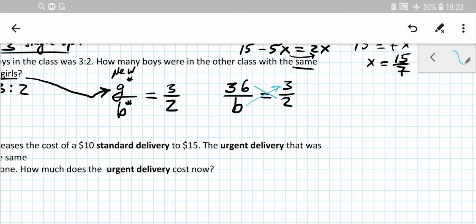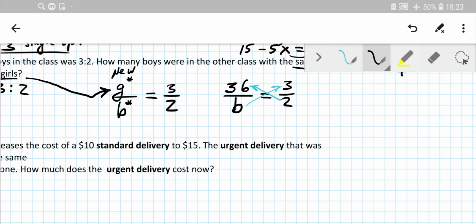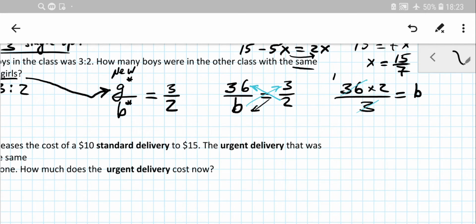So find B: simply crisscross and swap 3 with B. So 3 goes down. If you do that, you'll get 36 times 2 over 3, because you swap with B, and B will be on top instead of 3. What we can do next: 36 and 3 will be cancelled, leaving you with 12.